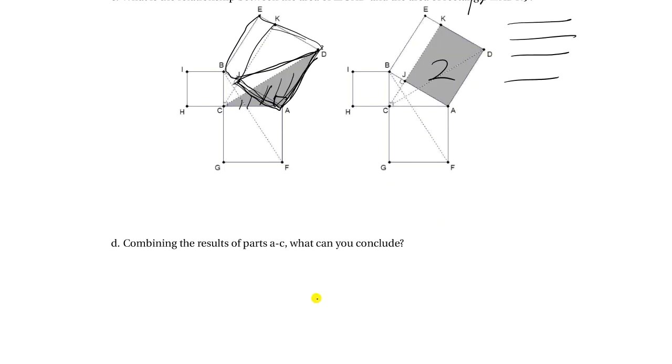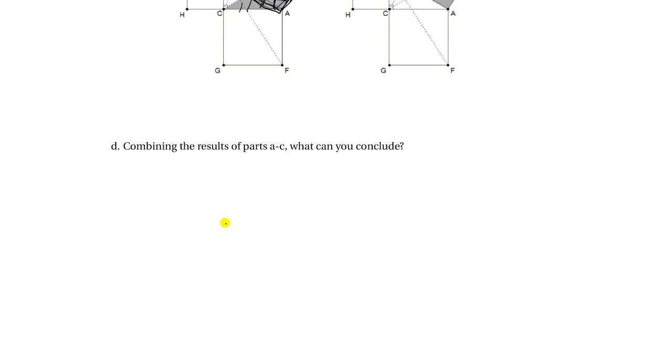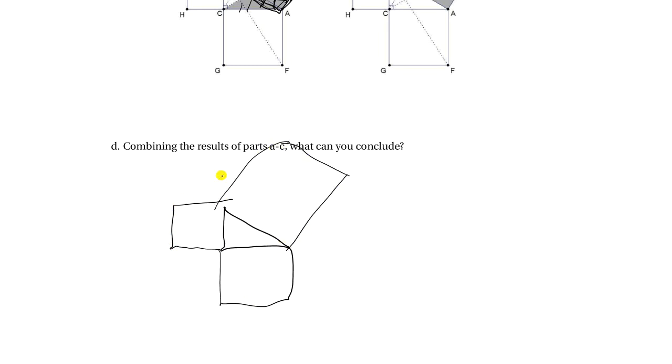So what is the conclusion of that? In the given case, the area of the rectangle is the same as the area of this square.